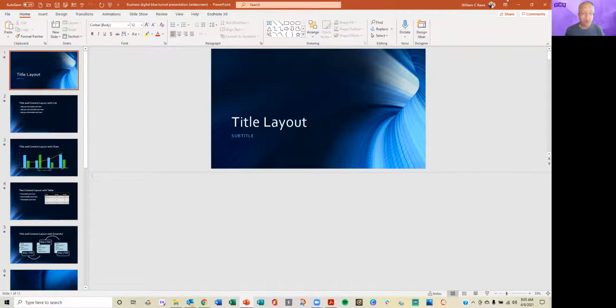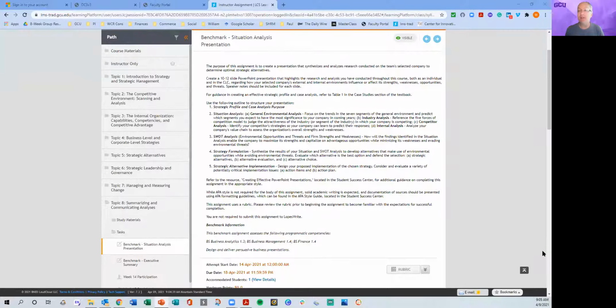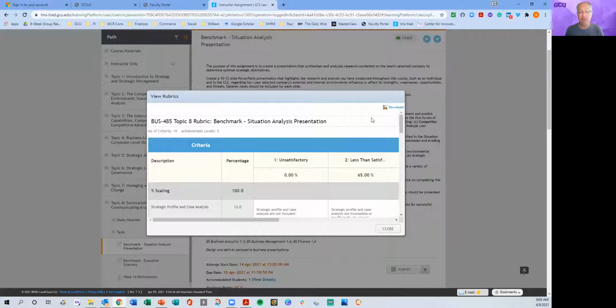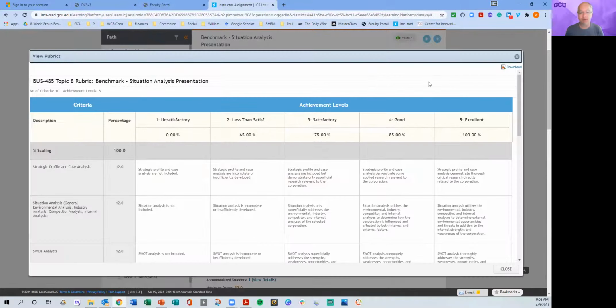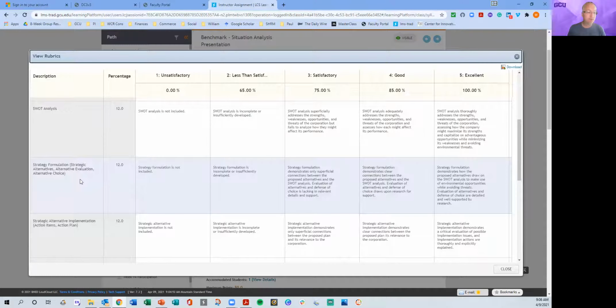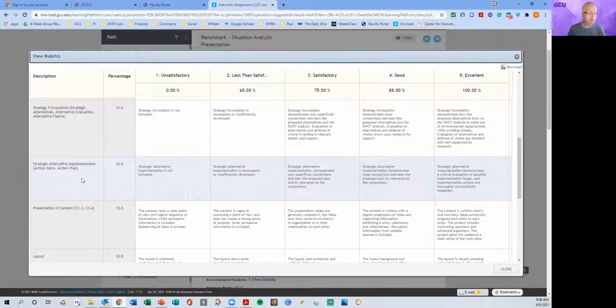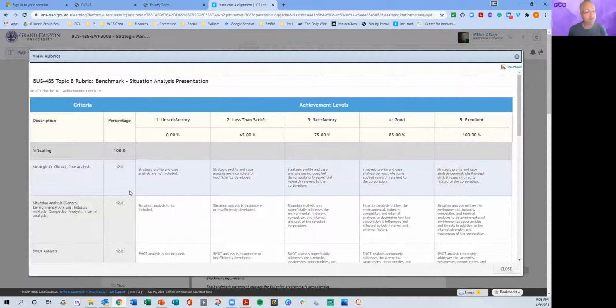Now let's go back to Cloud here. All right, and let's pull up the rubric because this is what you will be graded on. Here we go. All right, so you've got 1, 2, 3, 4, 5 basic content areas. The first one is strategic profile and case analysis.